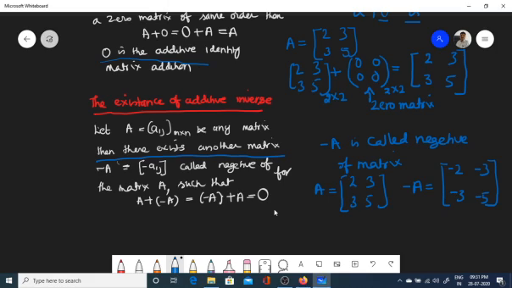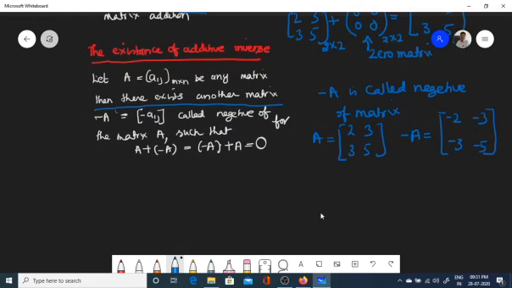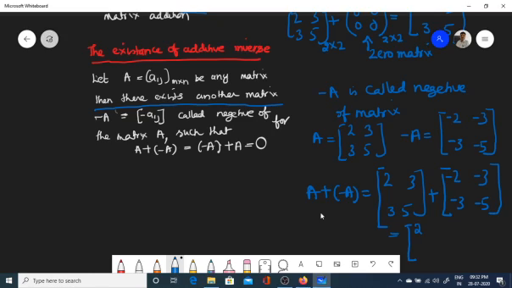Now if you take A plus minus A, that is 2 3 3 5 plus minus 2 minus 3 minus 3 minus 5, we are getting 2 minus 2, 3 minus 3, 3 minus 3, 5 minus 5.